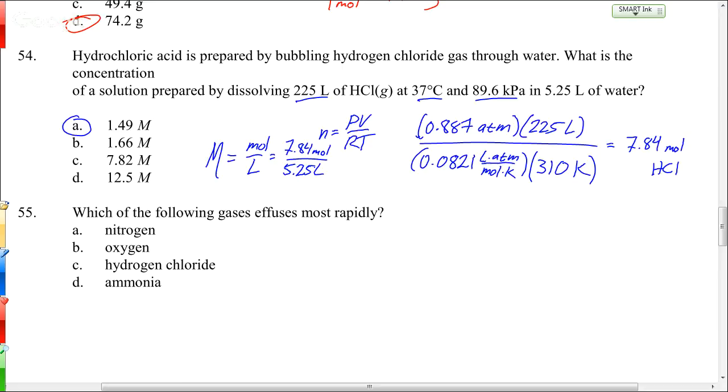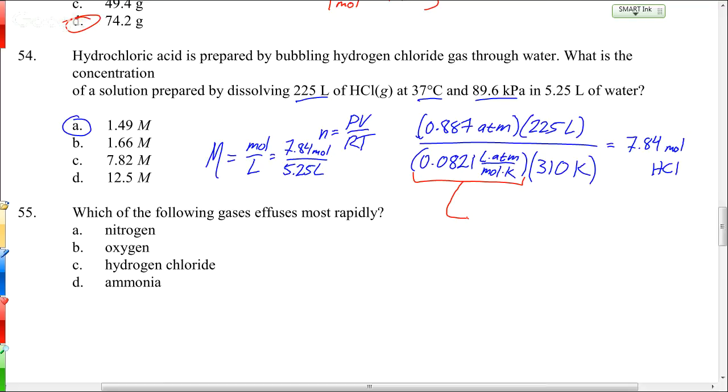Another option, if you want to speed things up with these pressure conversions: torr, or millimeters of mercury, is just as common a measurement for pressure as atmospheres, especially when we're dealing with gases. So some people like to remember an R that reflects that. This R is in liter atmospheres per mole Kelvin.